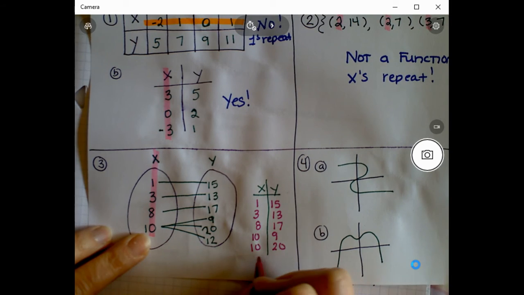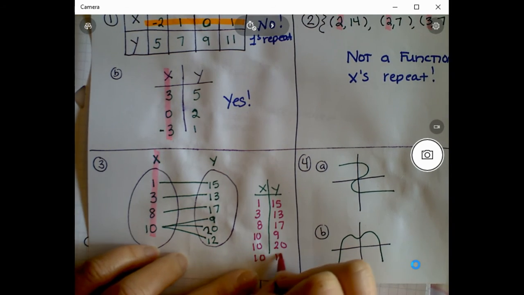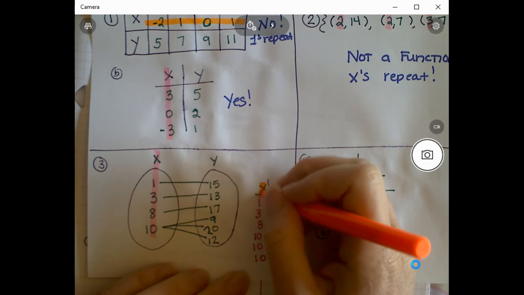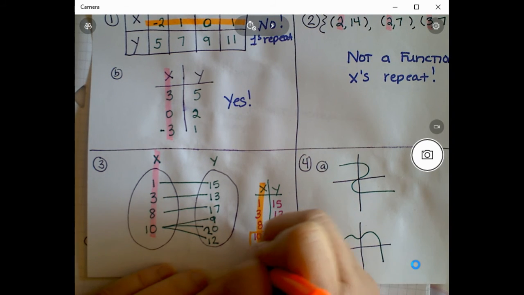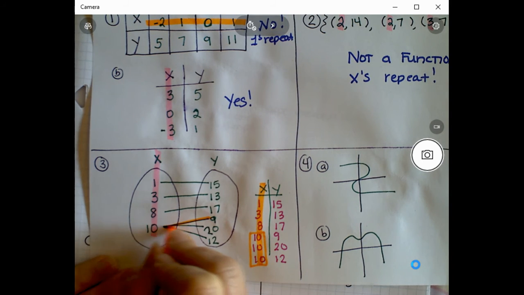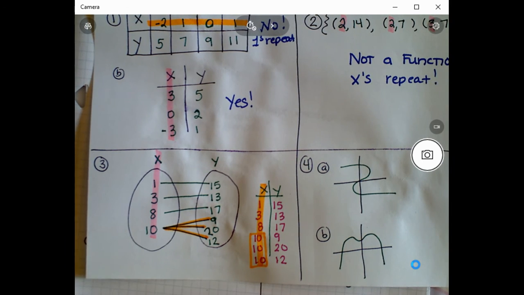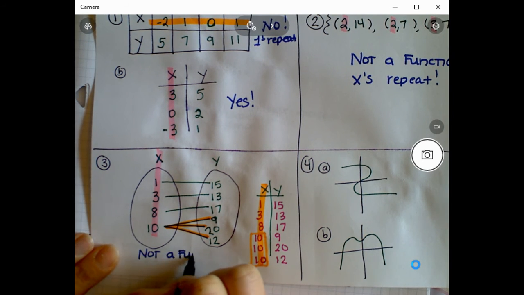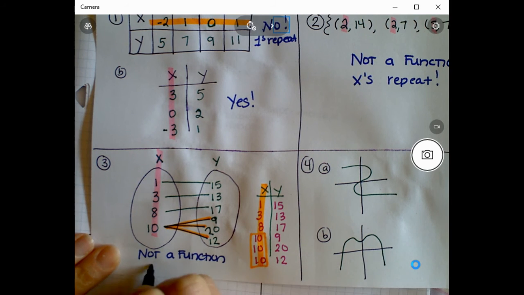And it's also 12. All right. So do you see how the x's, the domain, has these 10s that are repeating? And here you can see it because there are 3 lines coming out of it. This is not a function because the x's repeat.